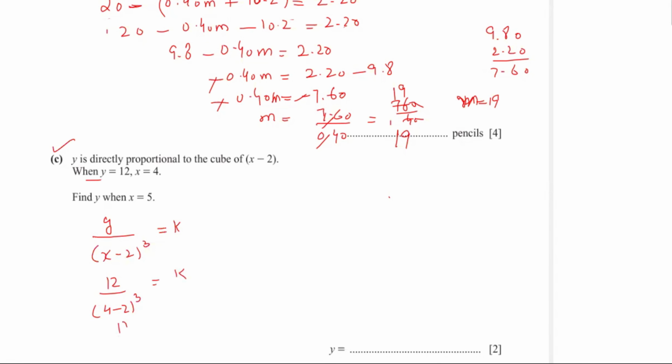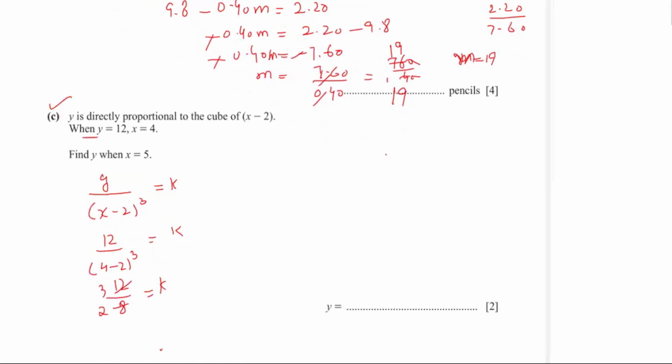And this value equals 12 over 2 power 3, which is 8. And this value, 4 times 3 is 12, 4 times 2 is 8, so k equals 3 over 2. We put the value here, therefore we write y over (x minus 2) whole cube equal to 3 over 2.